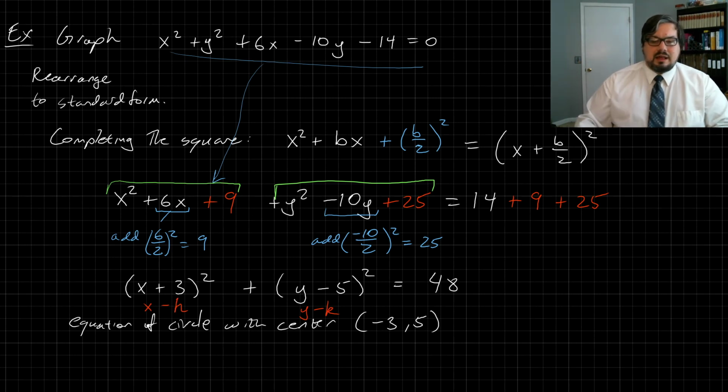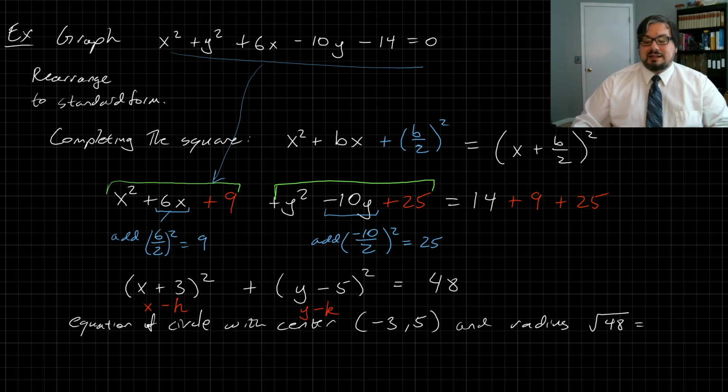And radius, the square root of 48, which we do want to simplify down.